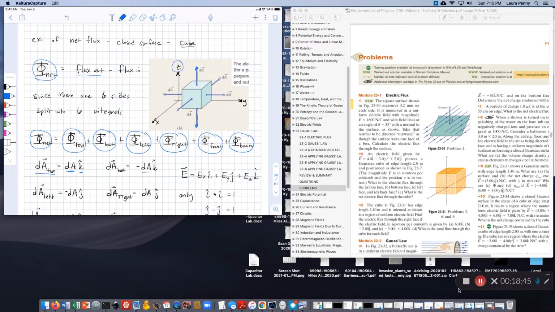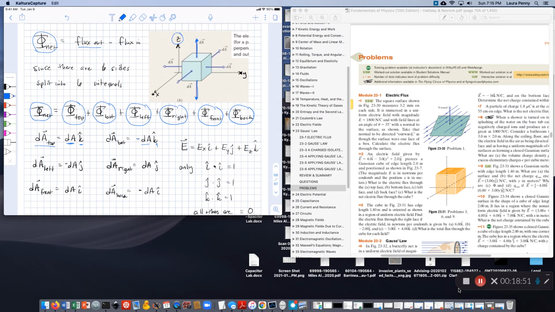It's also the amount of dA, but now it's pointing in negative k hat. Similarly for the left and the right, but now these are in j hat directions, and then the front and the back. So the front is positive i hat and the back is negative i hat.